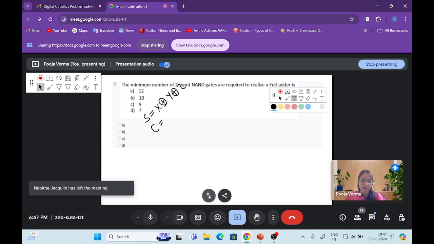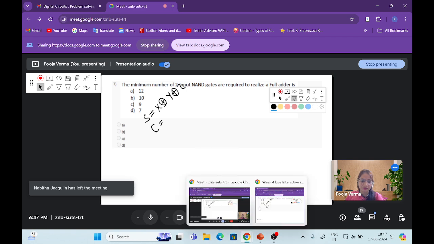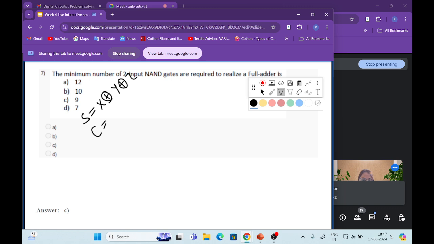No, not 10. Let's make it and then check whether it is 10 or less than that. Okay. So from that the carry will be xy plus yz plus zx.